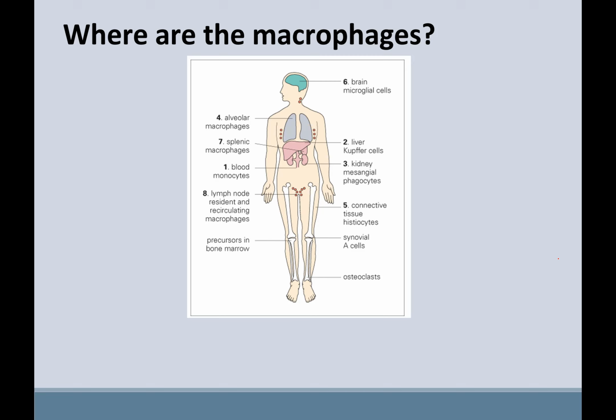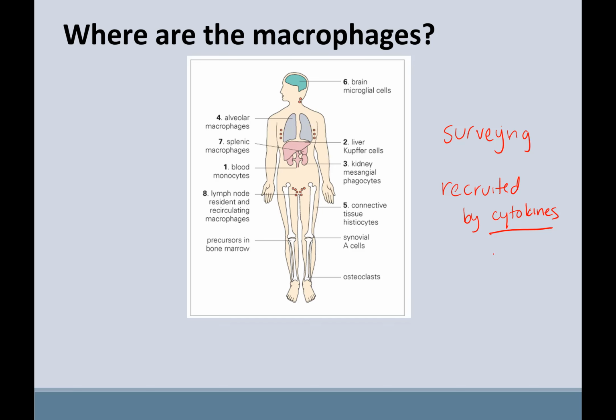on macrophages. And this is a figure from your book that is just showing that you have macrophages throughout your body. So they are going around surveying or patrolling, looking for foreign objects. They can be recruited by something we call cytokines.